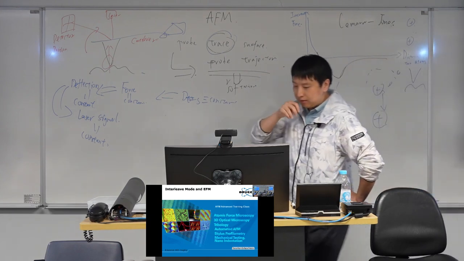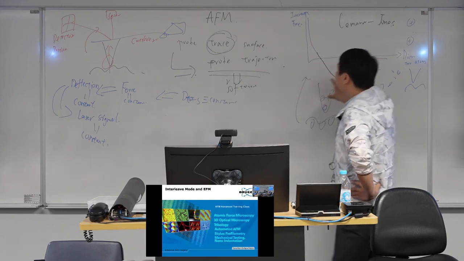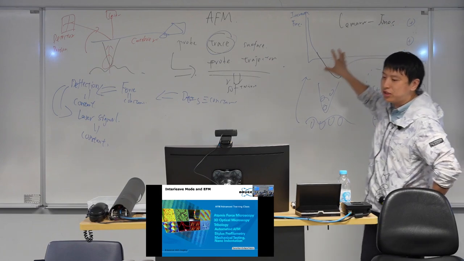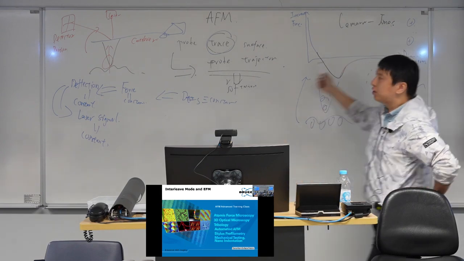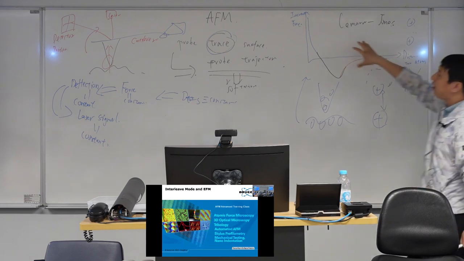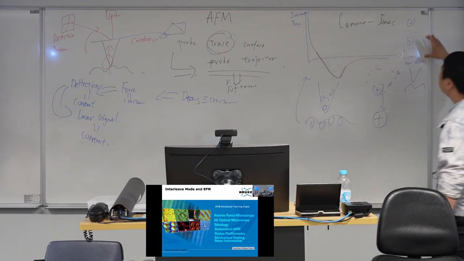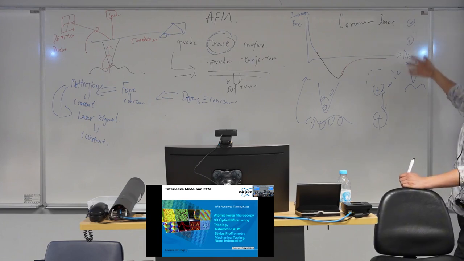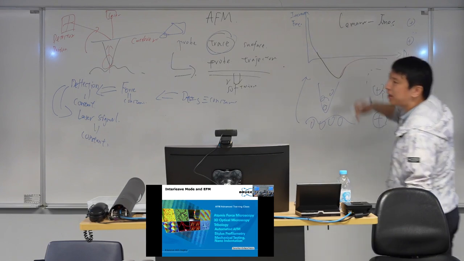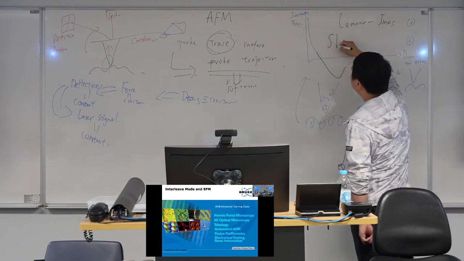Okay, so the idea here is, let's go back to the Lennard-Jones interactions. For this interaction, we know it will only take place if these two atoms get closer to each other. So we call this interaction between two atoms short range.